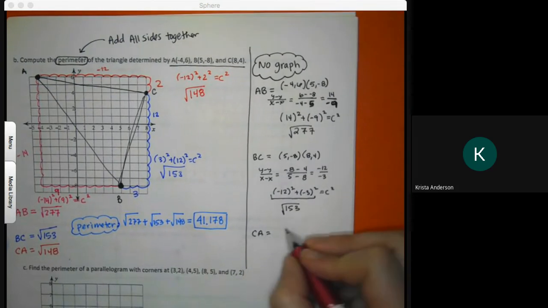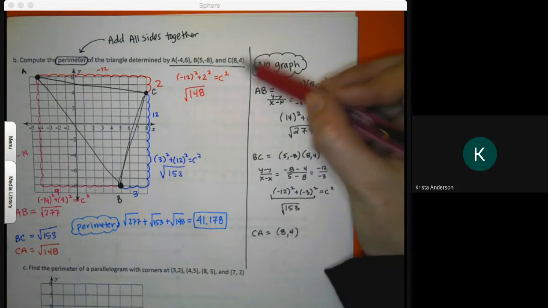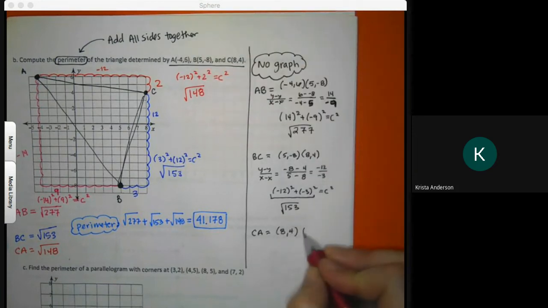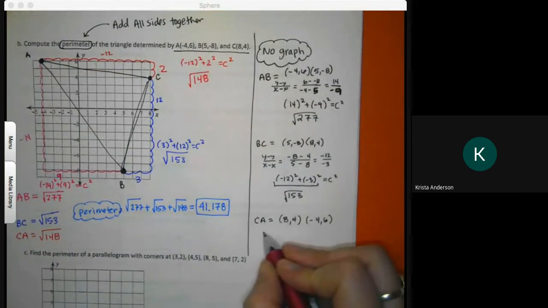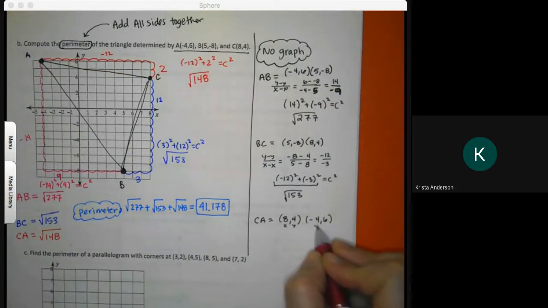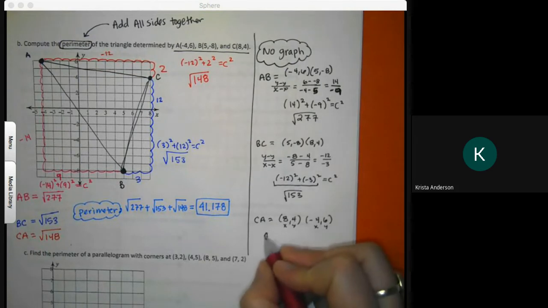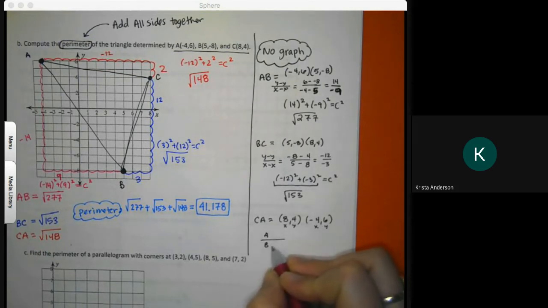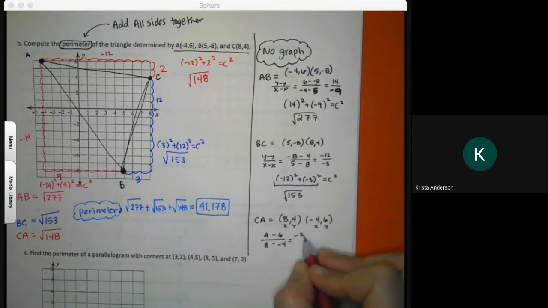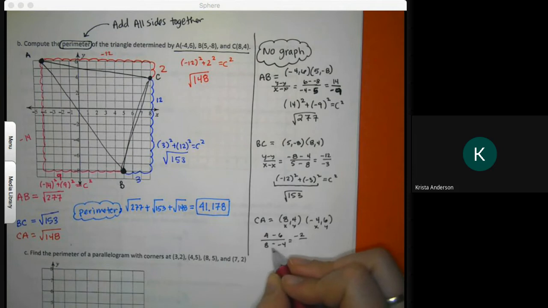C to A, we finish our loop and go from 8, 4 back to -4, 6. Y over X minus Y over X. -2 over 8 plus 4.